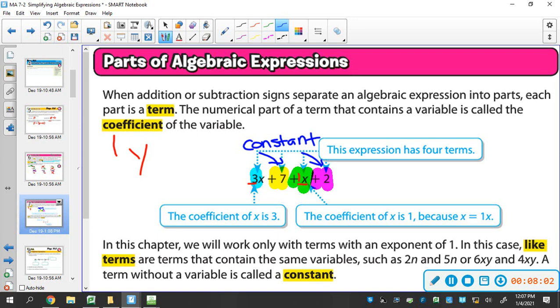Below it says, in this chapter we will work only with terms with an exponent of 1. I've already told you the book might do that, but we're going to go a little bit farther than that. It says, in this case, like terms are terms that contain the same variable and you have to think the same exponent. Okay? So same variable and same exponent.